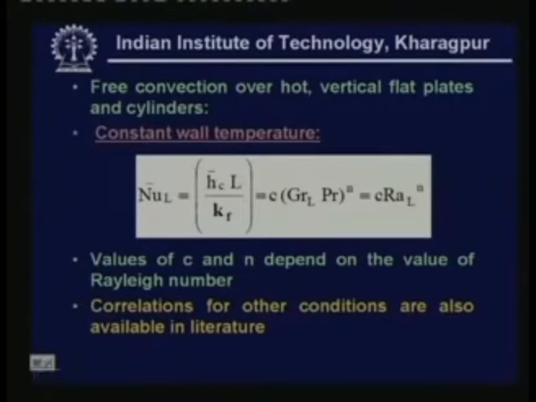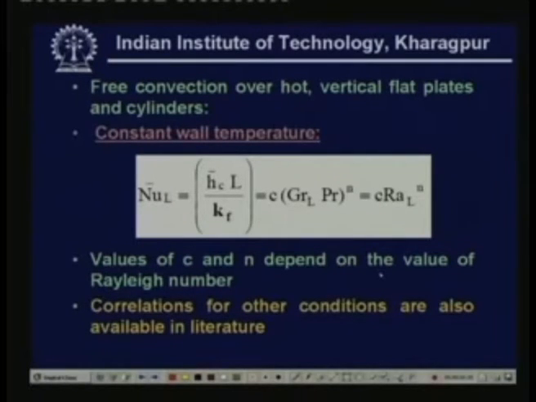Okay, so for example, for free convection over hot vertical flat plates and cylinders, a typical correlation is given here. The average Nusselt number Nu L. Okay, here L is the height of the plate or height of the cylinder, and Nu is the average Nusselt number. This is defined as average heat transfer coefficient multiplied by the height of the plate or cylinder divided by the thermal conductivity of air.